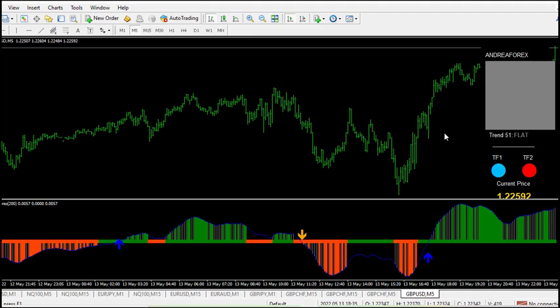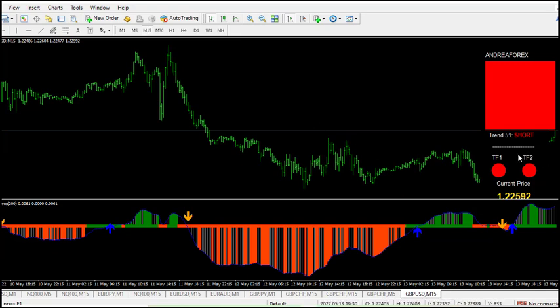So, for instance, if both are red, like the same way we have it now on this 15 time frame, TF1 is red, TF2 is red, then we can look out for only sell signal, sell setup.